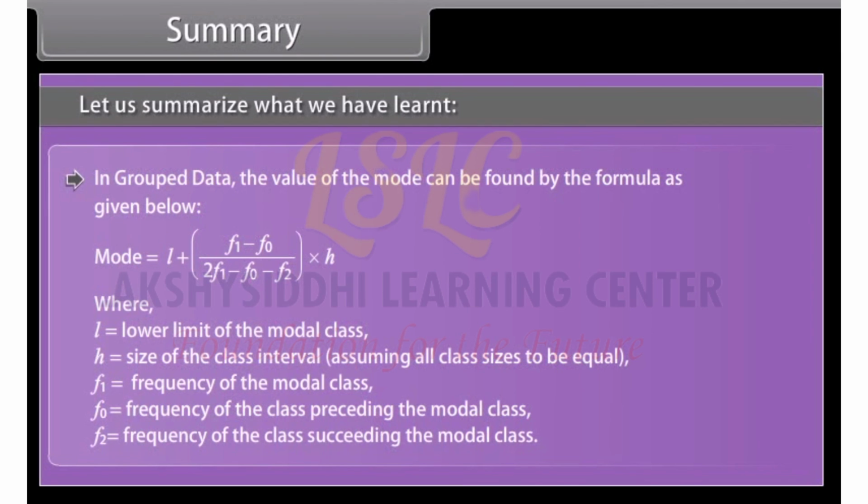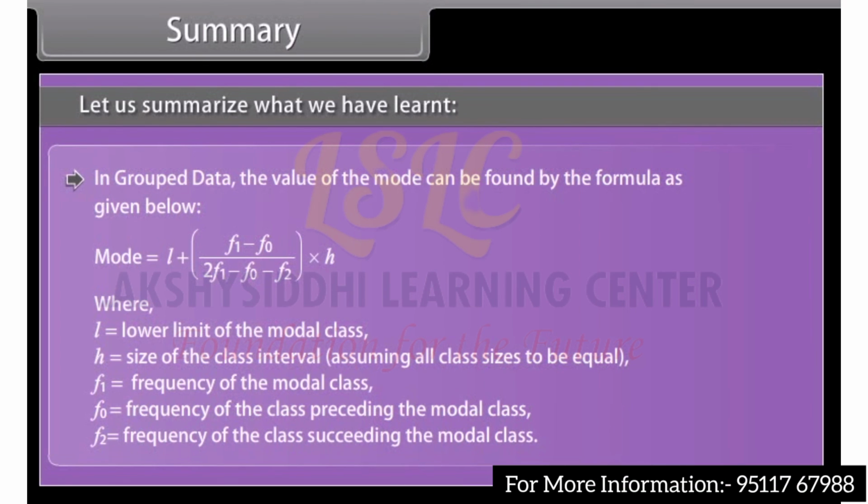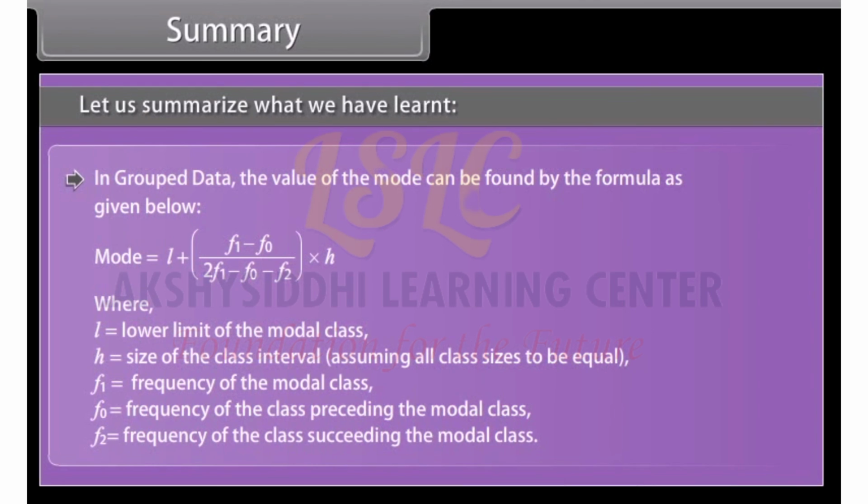L plus (f1 minus f0) divided by (2f1 minus f0 minus f2) multiplied by h, where L is equal to the lower limit of the modal class, h equals size of the class interval, assuming all class sizes to be equal, f1 equals frequency of the modal class, f0 equals frequency of the class preceding the modal class, f2 equals frequency of the class succeeding the modal class.